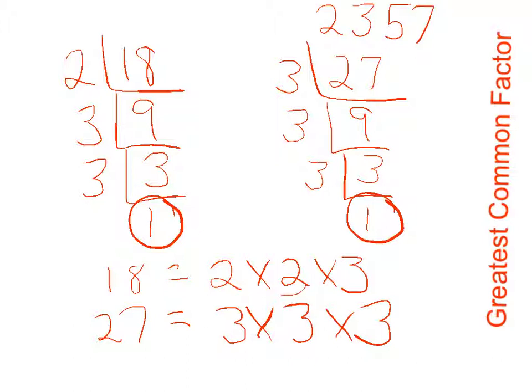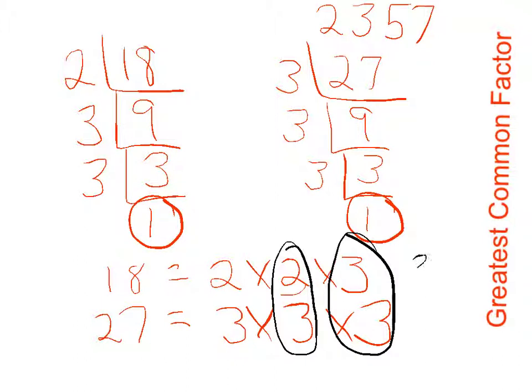Now if I look at those factors lined up down here, I can see that they have some in common, and the ones they have in common are the 3's there and the 3's there. If I multiply 3 times 3 together, the greatest common factor is 9.